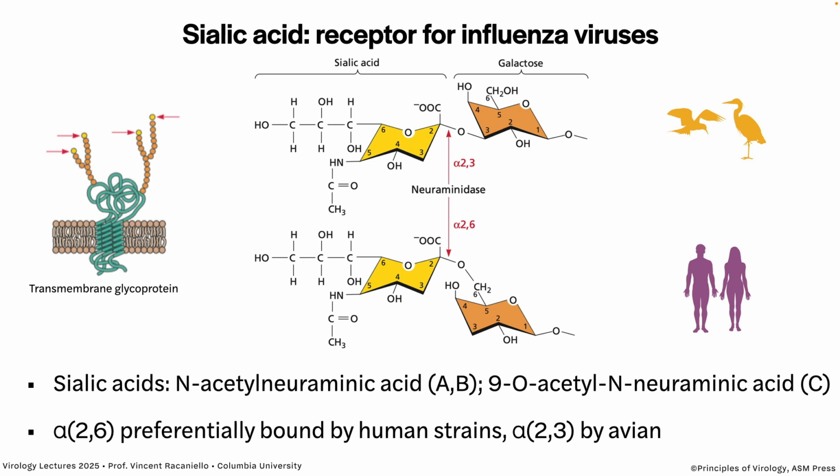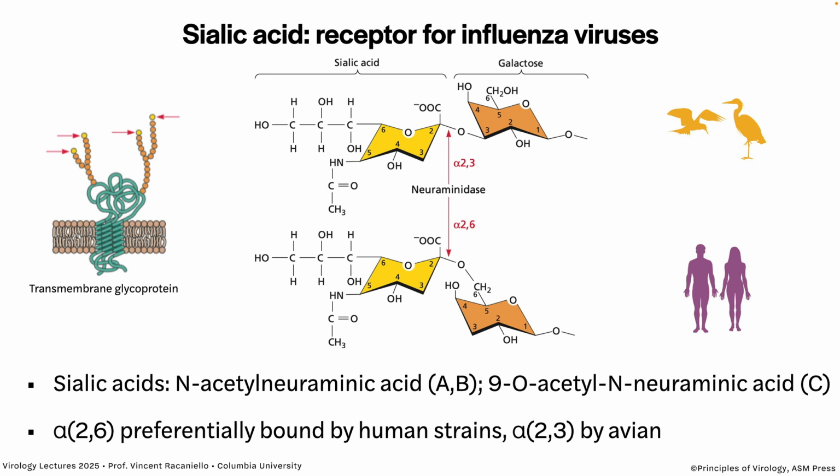Now, avian influenza viruses, including H5N1, which is all in the news, they bind alpha-2,3 linked sialic acids. So it's simply alpha, the number 2 carbon on sialic acid linked to the 3 carbon instead of the 6 by an oxygen. Alpha-2,3, human influenza viruses do not bind alpha-2,3.